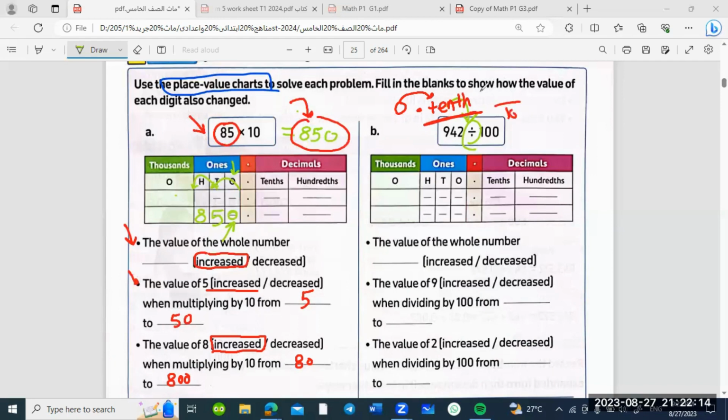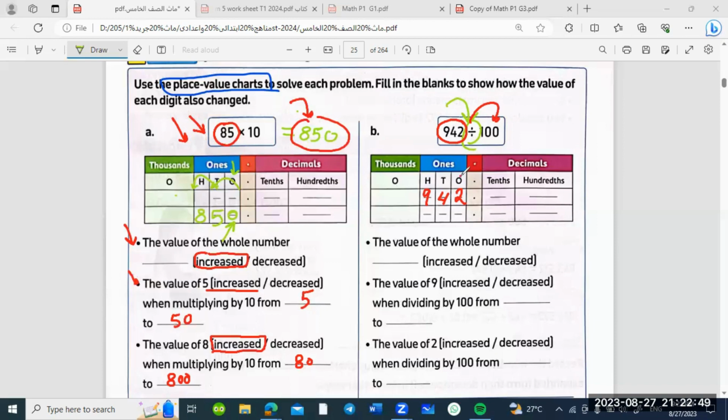Did you understand? Yes, teacher. Okay, so now as I did here, I will do here. I will take my number, which is 942, and write it first in the place value chart like this. Okay? And then, Jana, divided by 100 means to take each digit and move it back, to the previous place value, the place value before where the number is.